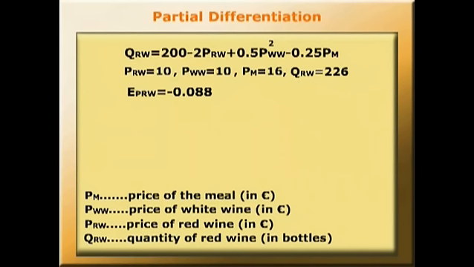Now let's partially differentiate. dQRW by dPWW is equal to PWW. That is, 2 lots of 0.5 equals 1 PWW.